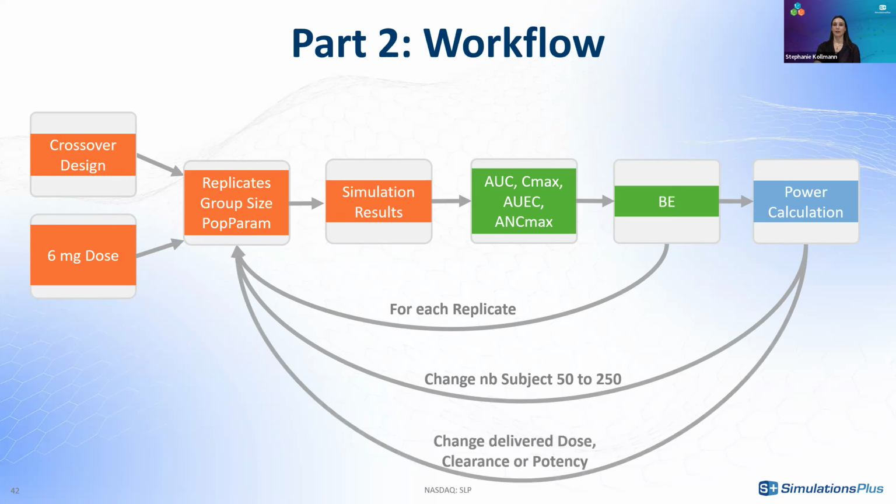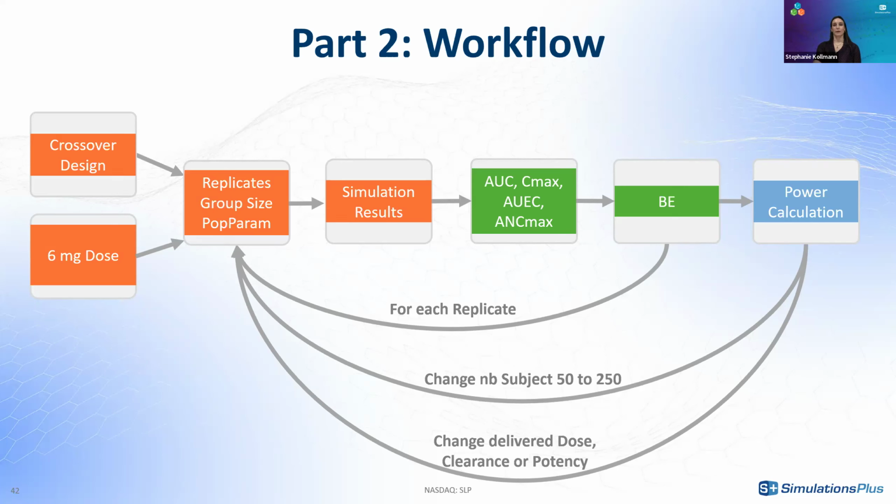And then for every scenario, we adjusted the delivery, clearance, or potency, then calculated the PK and PD metrics, and then performed the bioequivalence analysis. And finally, we combined all these results to compute the study power, determining the minimum sample size required for a robust biosimilarity conclusion.